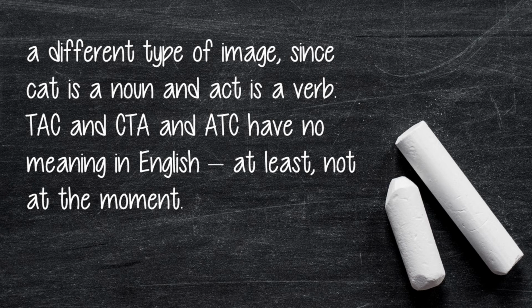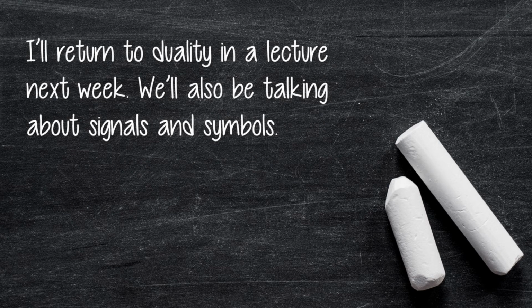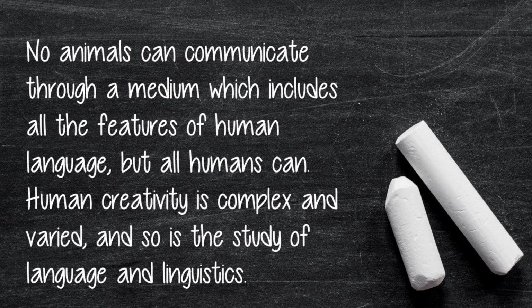TAC and CTA and ATC have no meaning in English, at least not at the moment. I'll return to duality in a lecture next week. We'll also be talking about signals and symbols. No animals can communicate through a medium which includes all the features of human language, but all humans can.